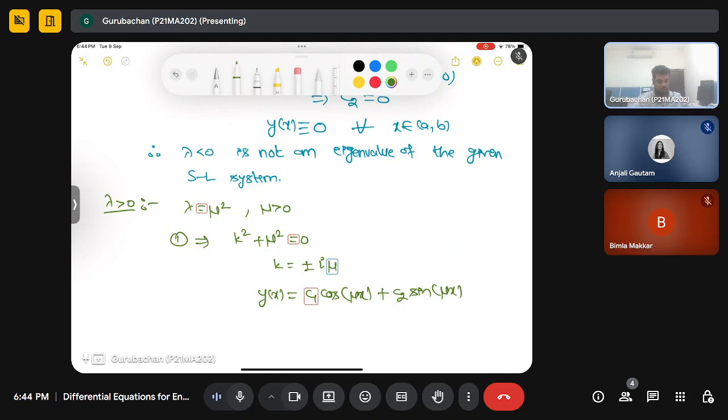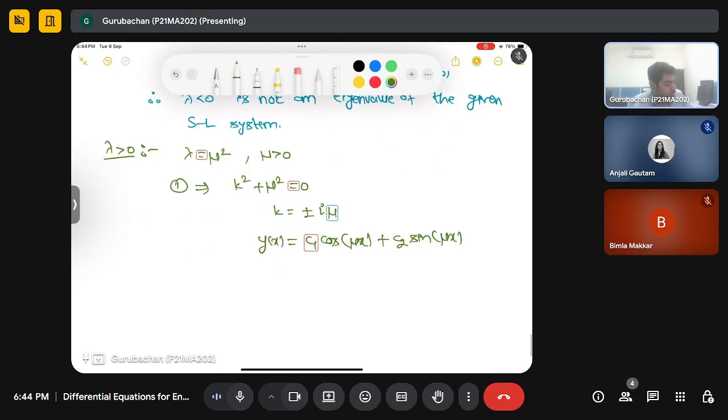Okay, so let me just verify this one also. So from here we want the solution to be non-trivial. So since we want the solution to be non-trivial, again we calculate its derivative. It will be negative sign c1 mu sin mu x plus c2 mu cos mu x.